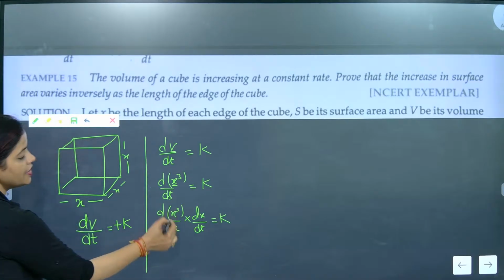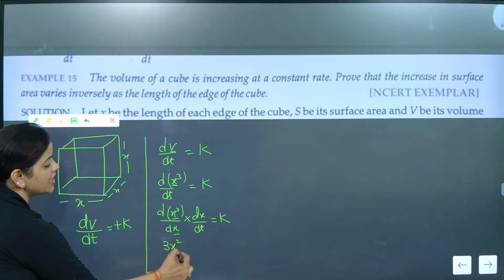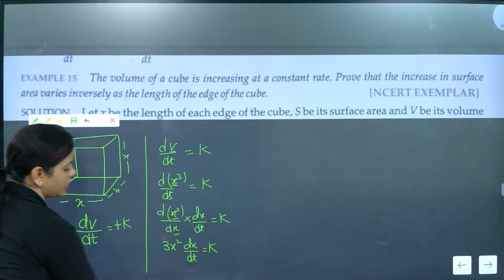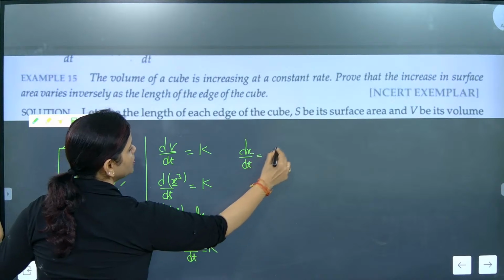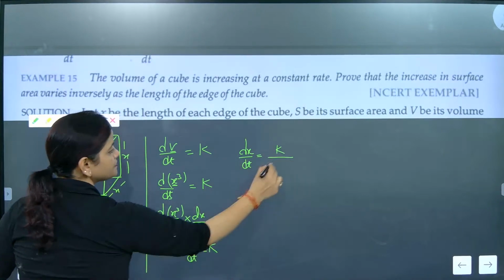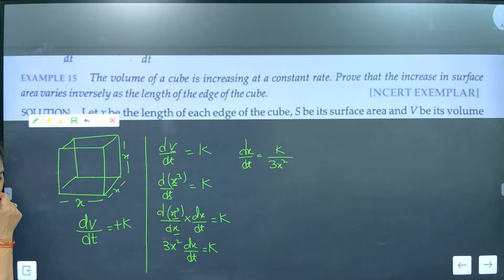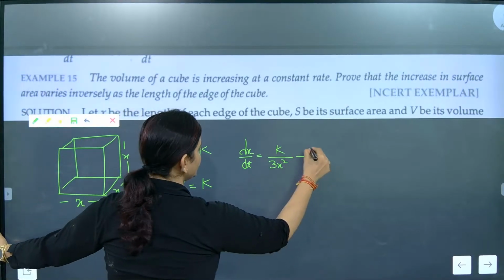Now x cube can be differentiated with respect to x, so it becomes 3x square dx by dt is equal to k. Now beta, dx by dt is equal to k by 3x square. Understood? We got dx by dt, beta. We will keep it as equation 1.